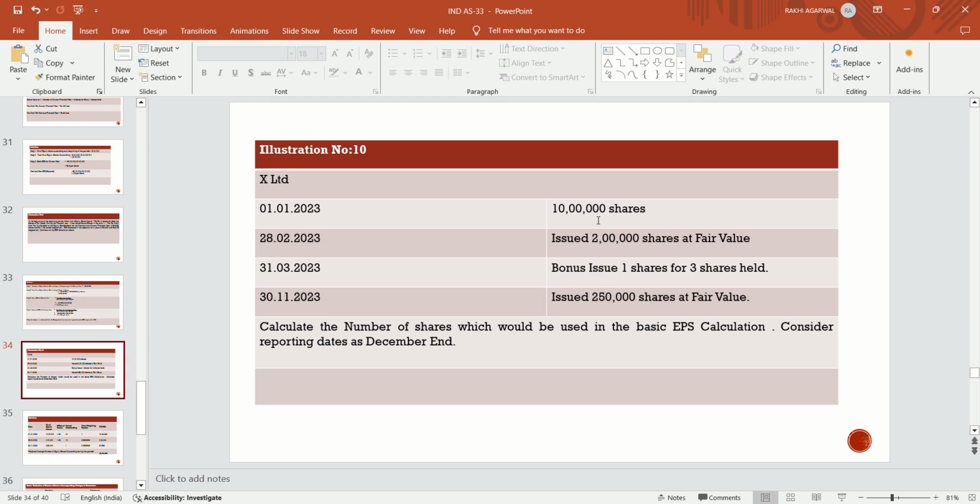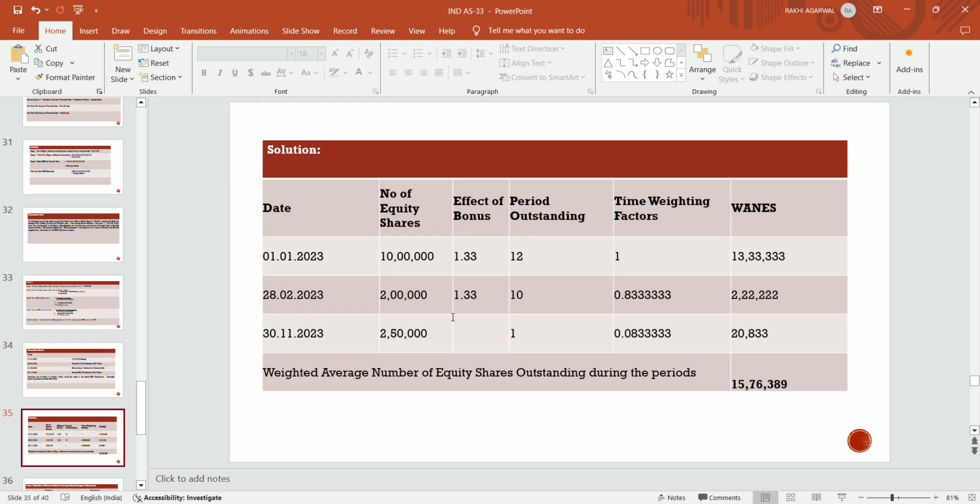So the 2 lakh shares freshly issued by the entity on 28th February are before the bonus, so the effect is to be given on these shares, 2 lakhs, for one share for every 3 shares held. The period is 10 months, March to December, so the time weighting factor is 10 divided by 12, that is 0.833, into 2 lakhs.